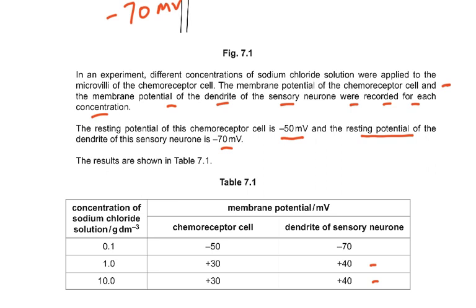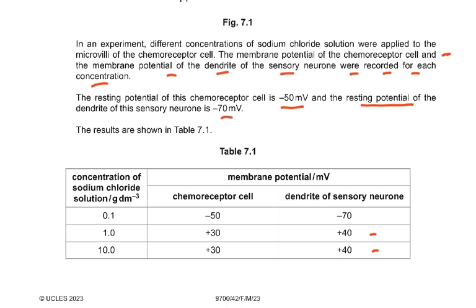You can see how at 0.1 it was minus 50 and minus 70. Then at 1 sodium chloride it went up to plus 30. With 10 sodium chloride it went up to plus 30. And similarly in the sensory neuron it went up to plus 40, and at 10 gram per dm cube it also went up to plus 40.